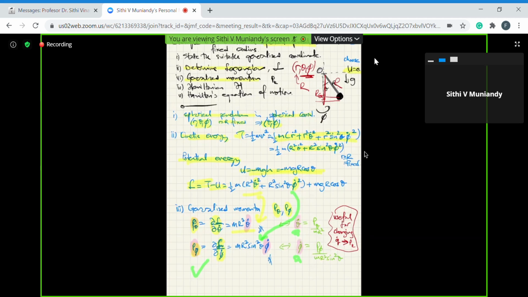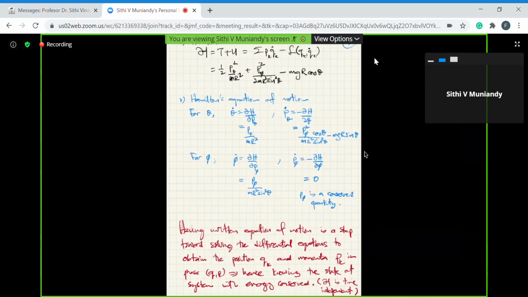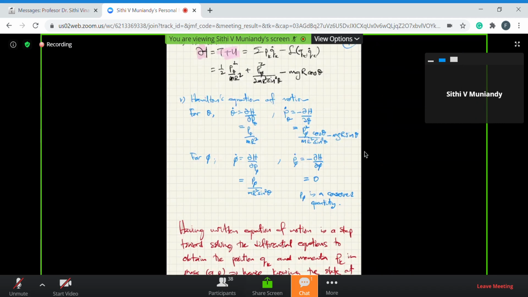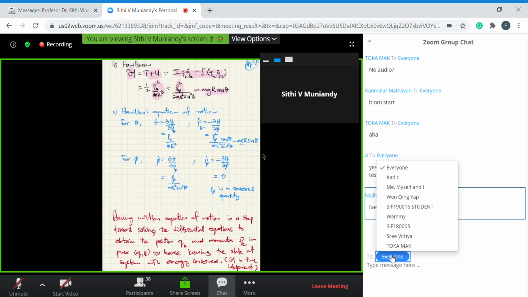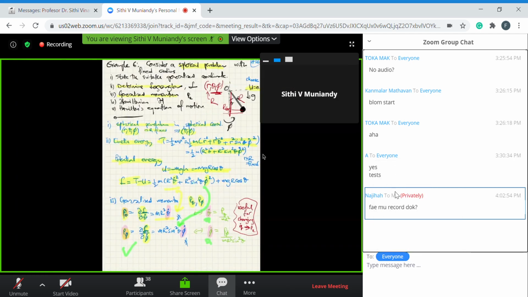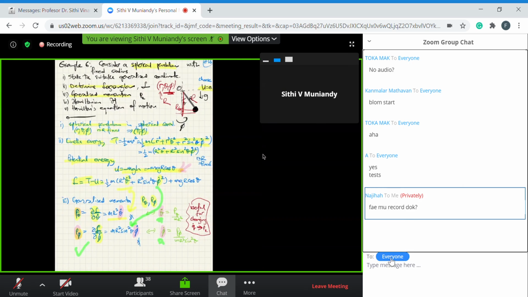Once you have these, you can write down your Hamiltonian, either like this or using this equation. The first term is due to theta, the second term due to phi, plus your potential energy. That is your potential energy, here.